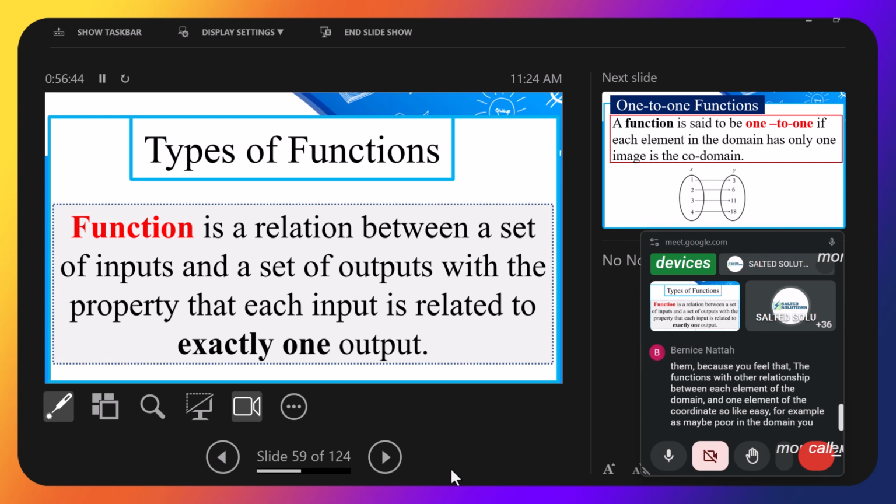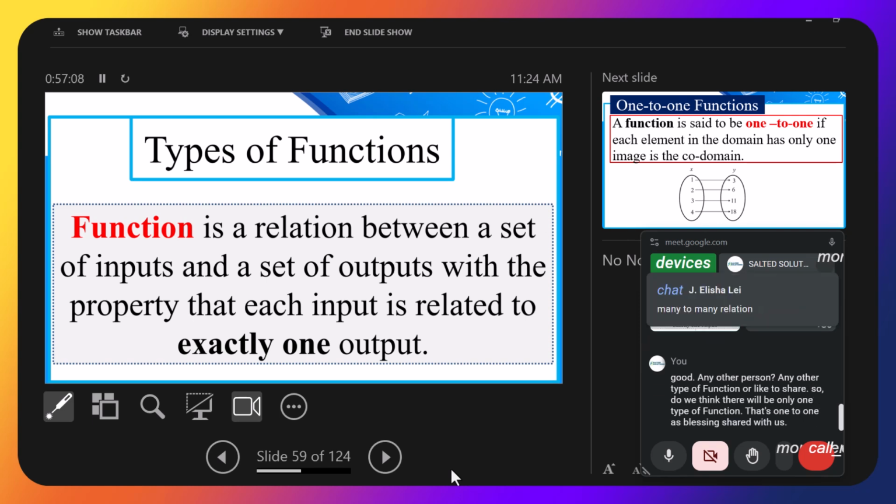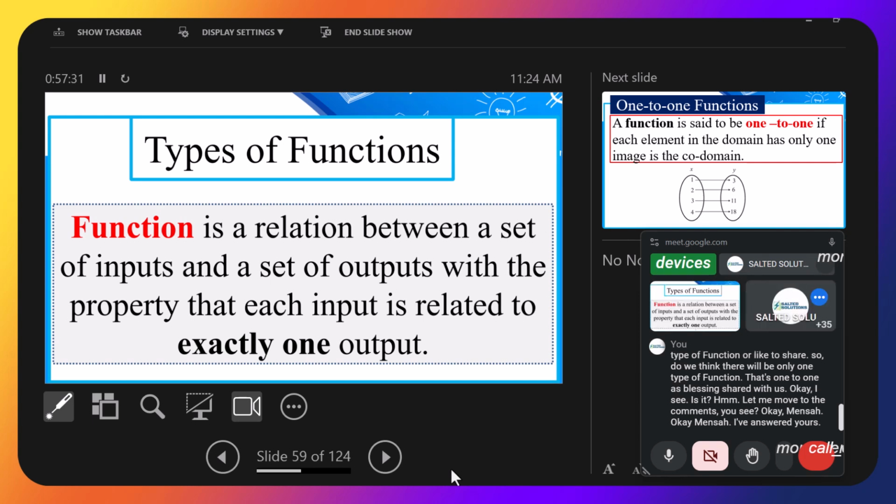Any other person? So do we think there will be only one type of function that's one-to-one, as Blessing shared with us? Okay, I see. Is it Elisha, many to many relations, and Amankwa, many? Okay, so I would like you to throw more light on that if you can unmute your mic and share something with us.